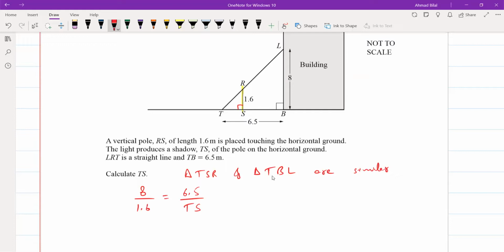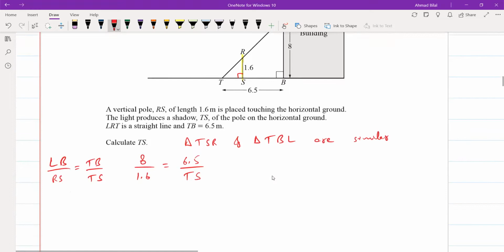So we are basically doing LB over RS equal to TB over TS. ठीक है. यहाँ से हमारे पास क्या आएगा? TS आ जाएगा. TS is 6.5 multiplied by 1.6 divided by 8, and you get a value from there.